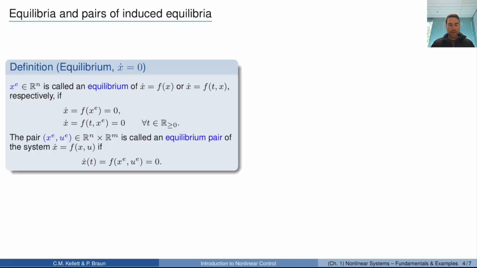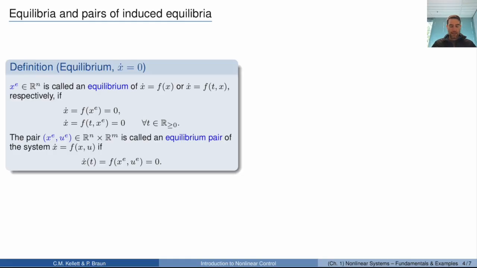If we are taking a time varying system, then this needs to be satisfied for all times t. So that's a slightly different requirement which needs to be satisfied for time-varying systems.